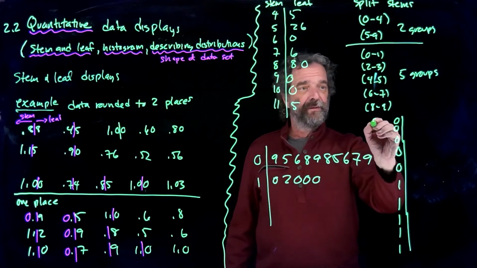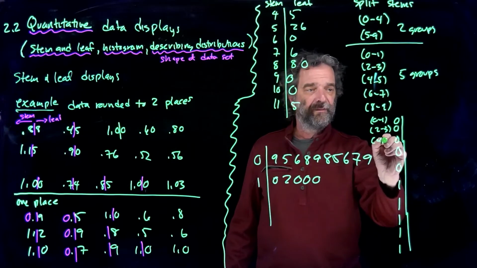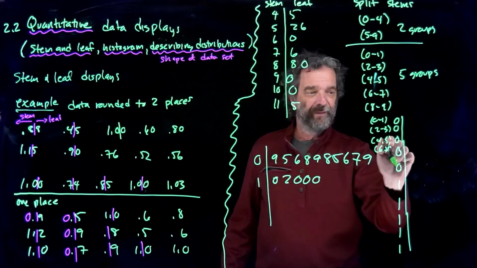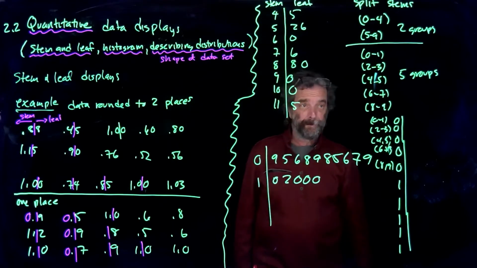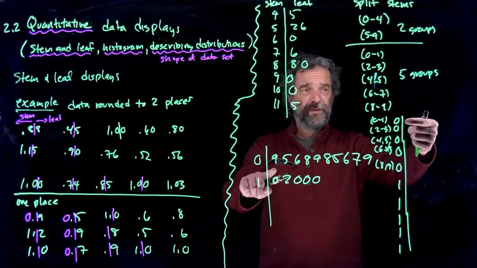So it says 0 through 1, 2, 3, 4, 5, 6, 7, 8, 9. I'm writing my 8, 8, 9 like that. Okay. Now we know there's no 0s and 1s, and there's no 2s and 3s.